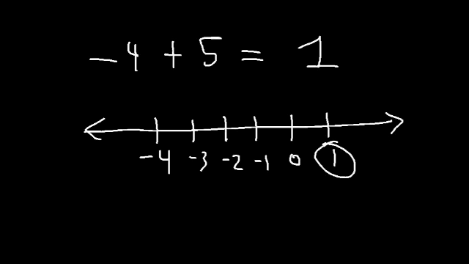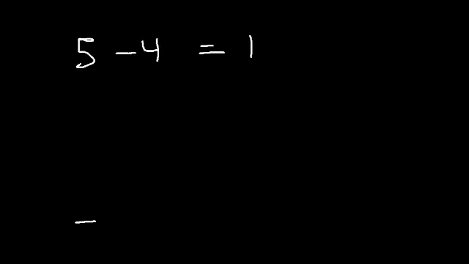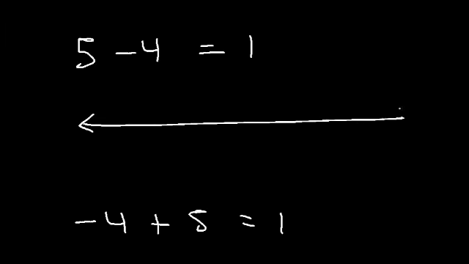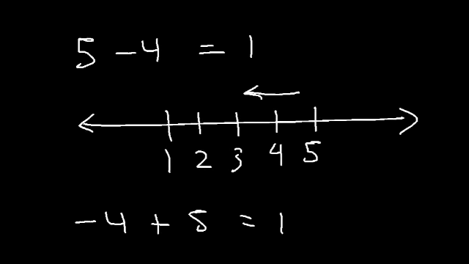Negative 4 plus 5 is the same as 5 minus 4. You can reverse the numbers. This will also give you 1. So if you started at 5 and went 4 units to the left, 1, 2, 3, 4, you would end up at the same location, which is 1.